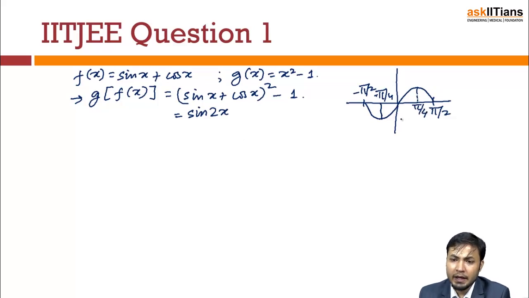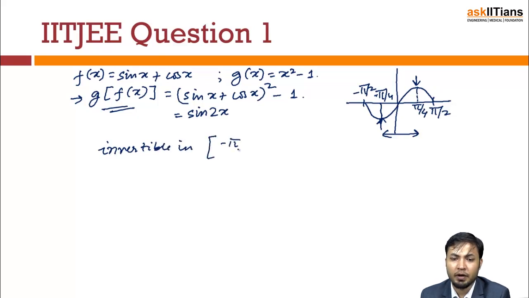So this is the region that we are interested in. You see my graph over here for this given function g of f(x), it is invertible from this region to this region. So for this case, it is invertible in minus pi by 4 to plus pi by 4. Okay, so that is all for this question.